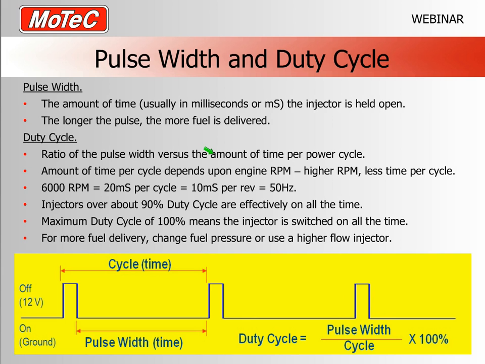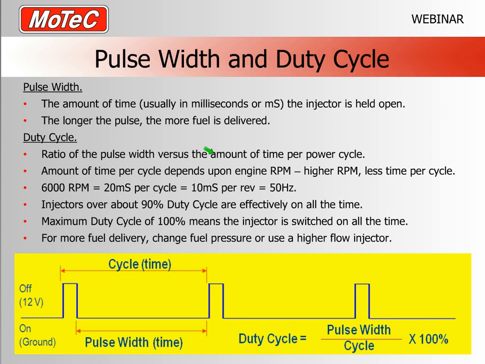Okay, so the point about duty cycle is that as the engine spins faster and faster, there's less cycle time available, because once the injector is turned on continuously, it is maximum flow regardless of the engine speed. But what you need to consider is as the engine speed goes up and the requirement for fuel increases, if we're turning the injector on for longer amounts of time, our pulse width is longer, eventually it will become close to or equal to the cycle time, and therefore our duty cycle will be 100%.